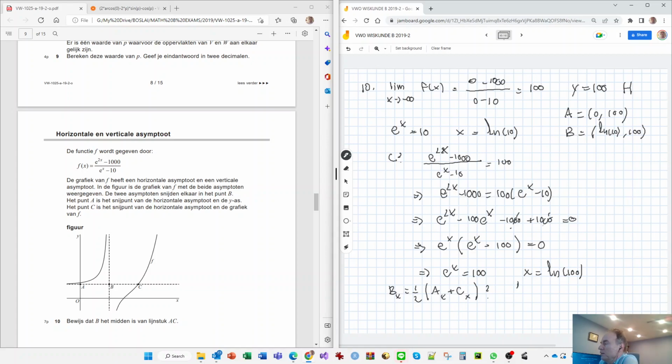Well, is log 10 equal to 1/2 ax, which is 0, and cx, what was it again, log 100? Well, yes.